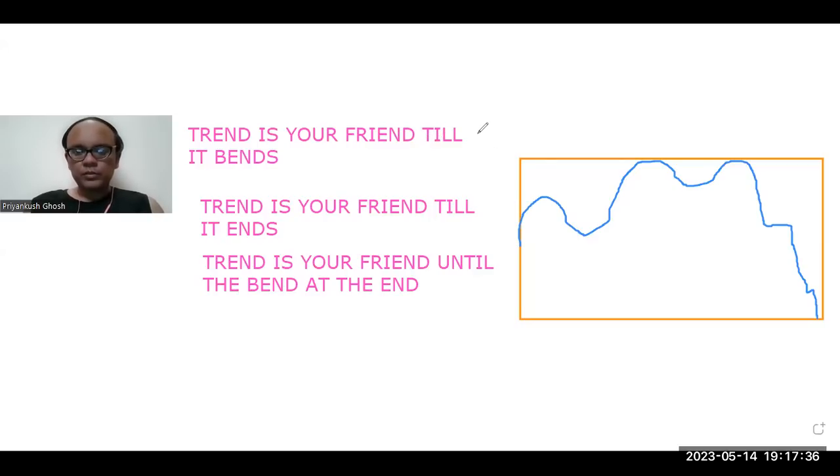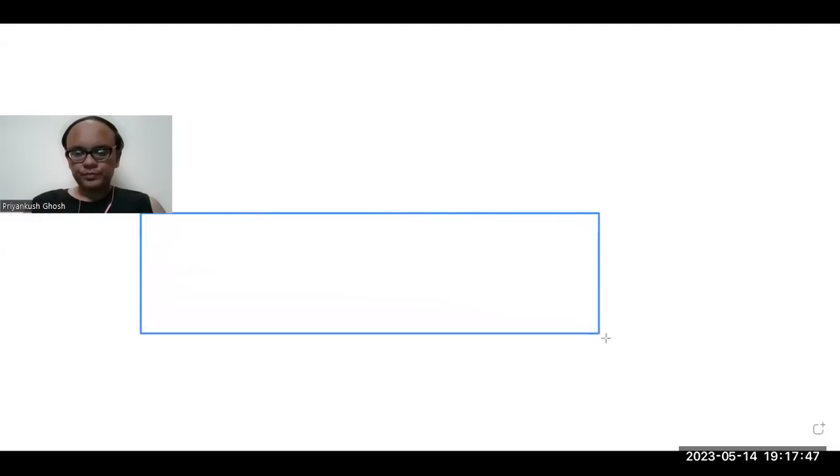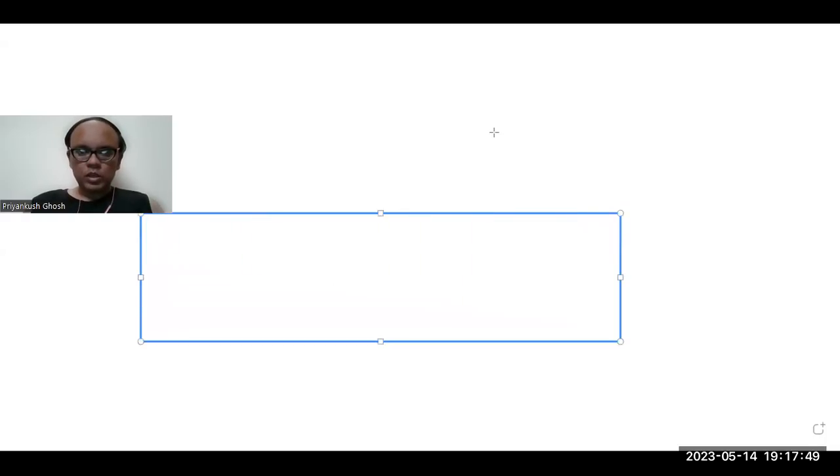Now you can draw a bigger graph here. Now I will change the color. So say there is some stock which is moving like this.